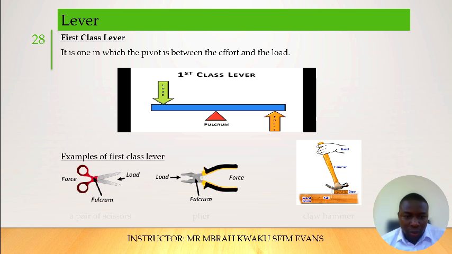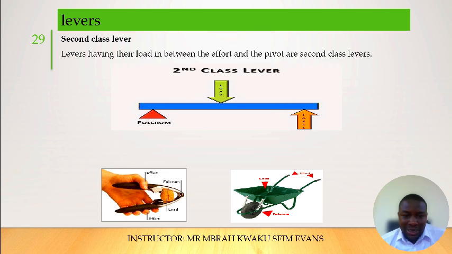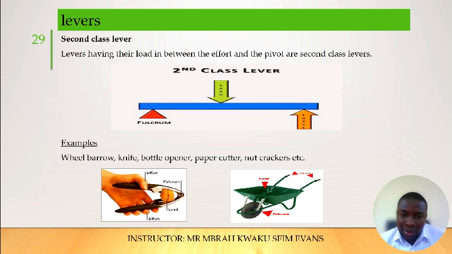Okay, so we move on to the second class levers. What's the second class lever? A lever having its load between the effort and the pivot is a second class lever.